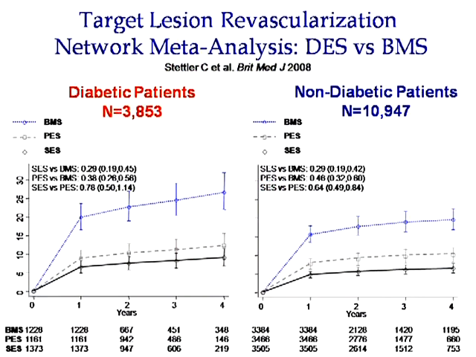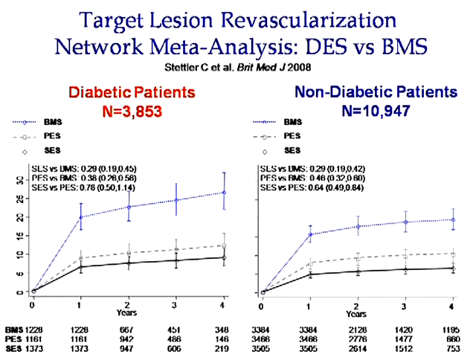This is from the large network meta-analysis comparing the outcome in terms of need for reintervention in patients with diabetes on the left versus non-diabetics on the right. The curve in blue on both graphs shows the restenosis rate and the need for reintervention with bare metal. 2 messages.